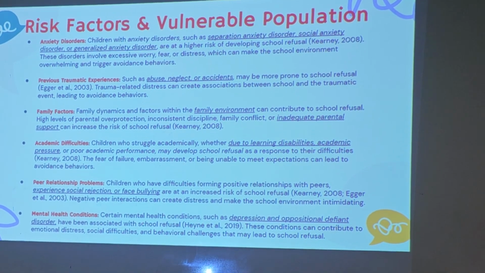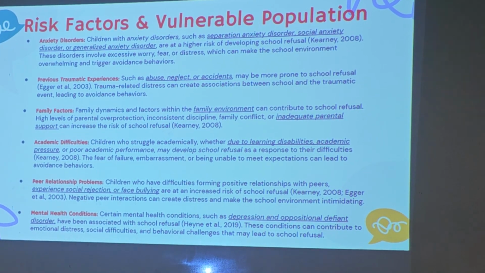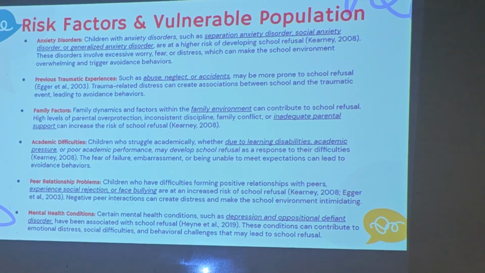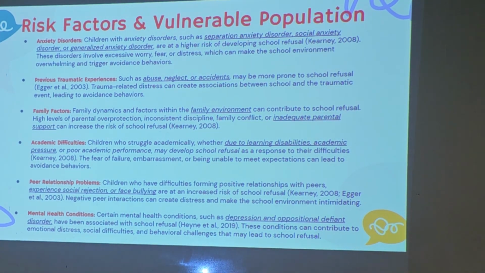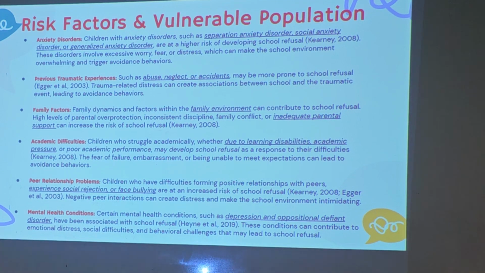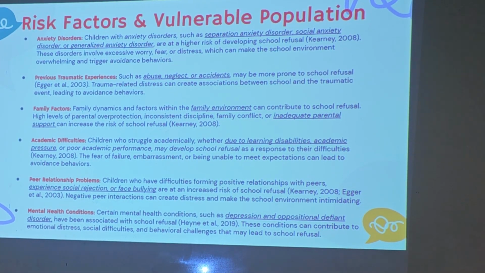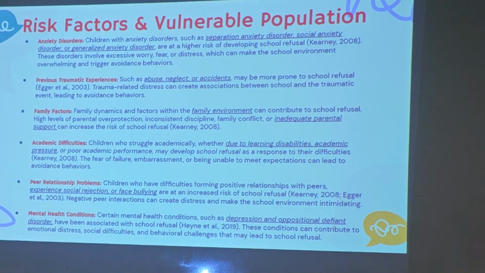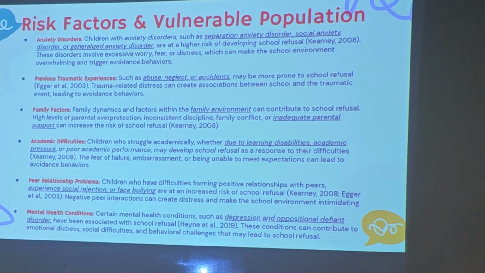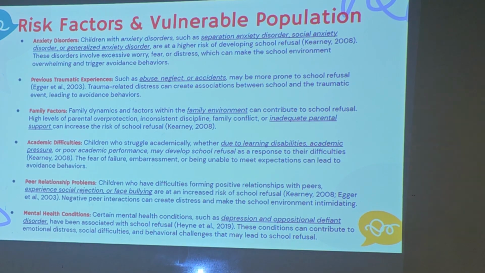Some children who have learning disabilities, or academic pressure, or fear of failure, or may feel embarrassed, may not be able to meet expectations, so they tend to avoid going to school.